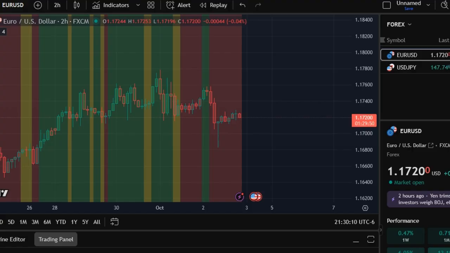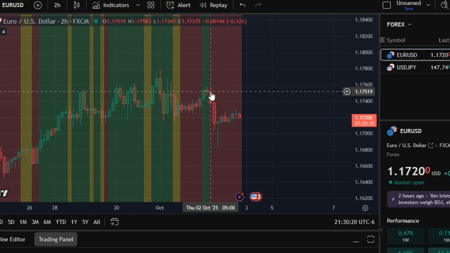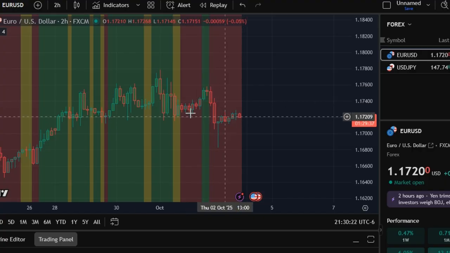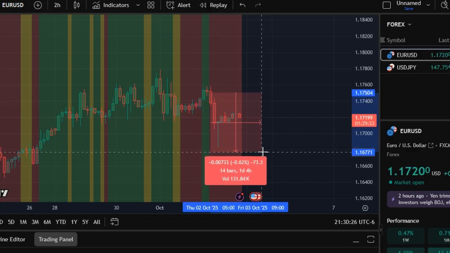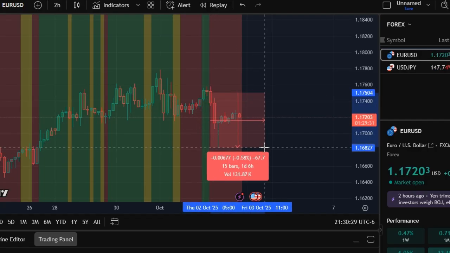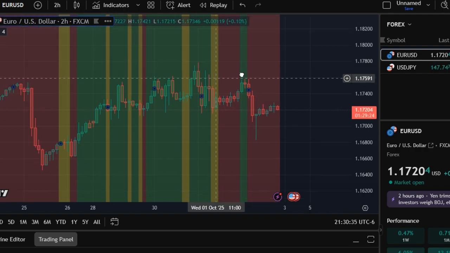So we got a short right there that was interrupted by a false long signal, but then immediately comes a short signal again, and this is so far profitable. Even at the lowest, we got almost 0.60%, and right now we're talking 0.26%, something like that.